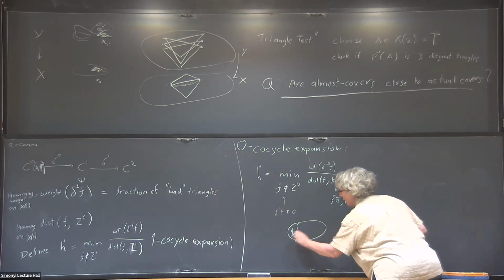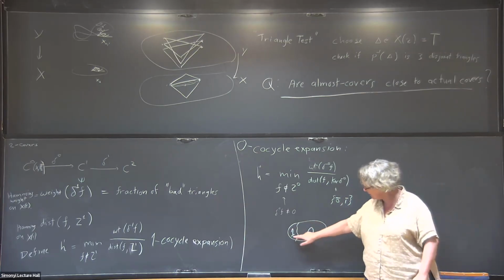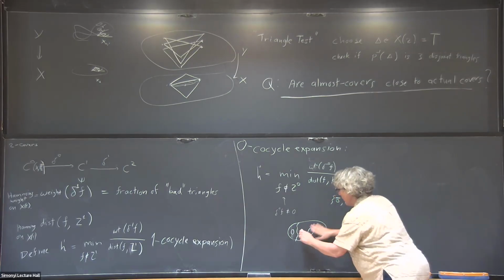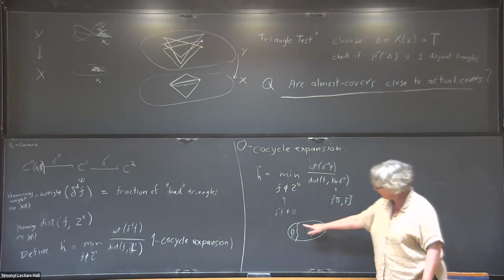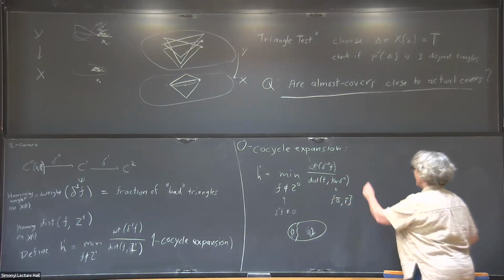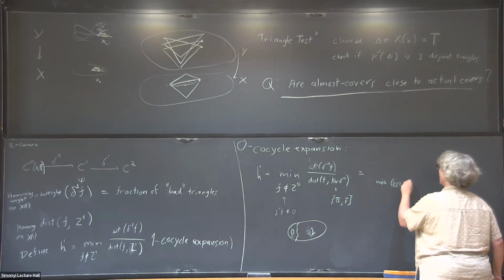Suppose it's 1 here and 0 here. Then its distance from this is exactly the size of the smaller part. If f was 0 here and 1 here, the distance would be obtained by this guy, and again it would be the size of the smaller part. So this denominator is exactly the minimum between S and S complement.